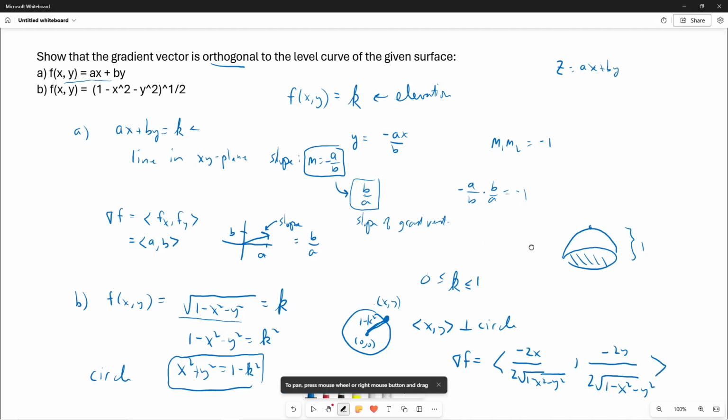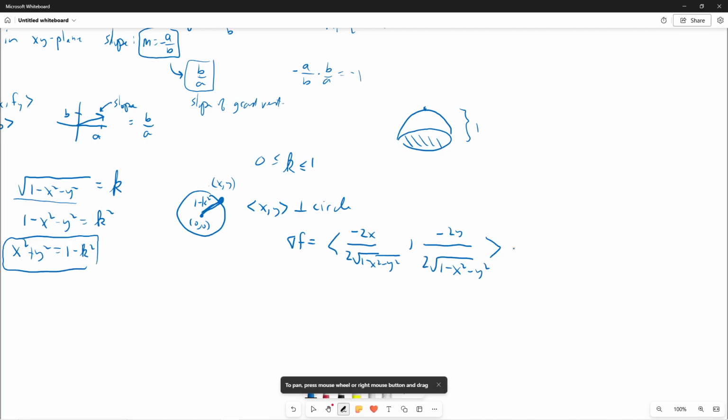And so this gradient is, the 2's can cancel, 2 over 2. And then we could factor out negative 1 over the square root of 1 minus x squared minus y squared, and we're left with x, y. So this is a multiple of x, y.